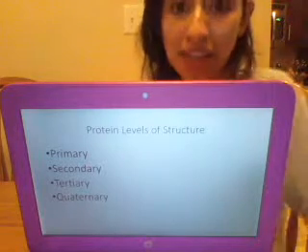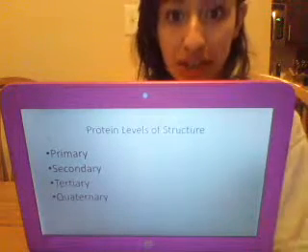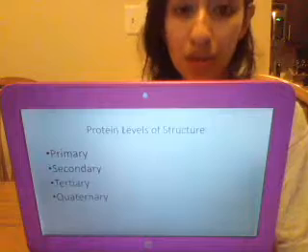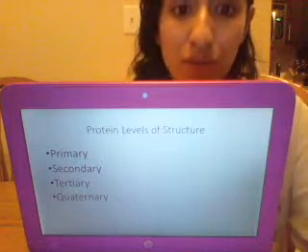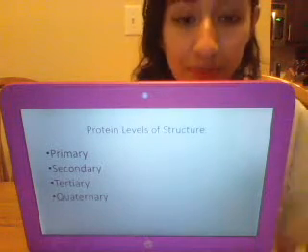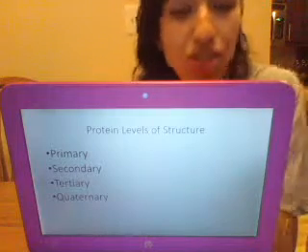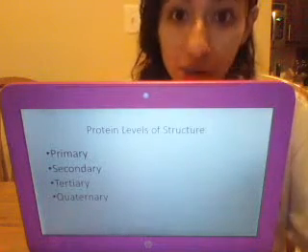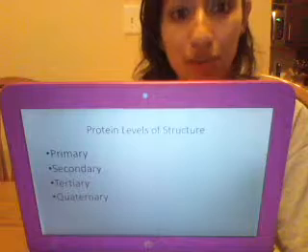To better understand these complex structures that proteins make up, we think of them in four different levels. So there's primary, secondary, and tertiary. The primary level just only talks about the amino acid sequence that a protein has.